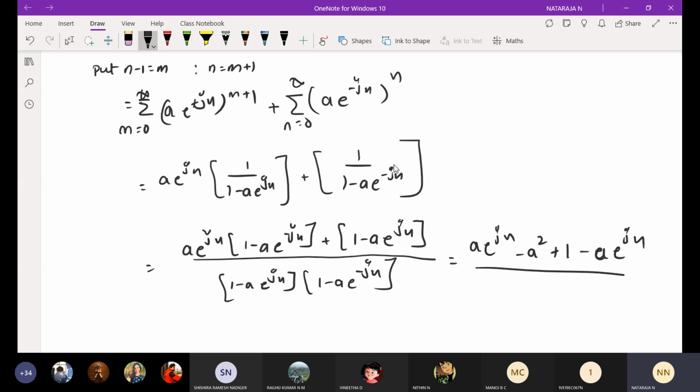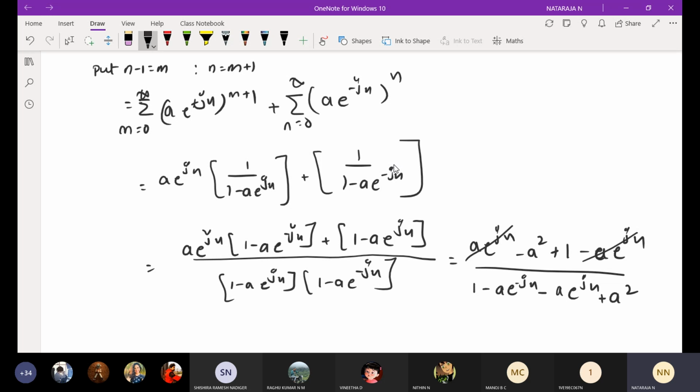divided by, multiply the same, a minus b into a minus b, multiply 1 minus a e power minus j omega minus a e power j omega plus a square. In the numerator, a e power j omega minus a e power j omega gets cancelled.